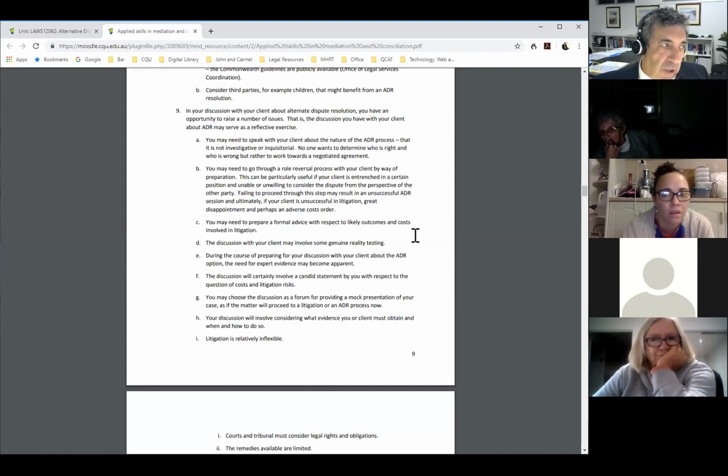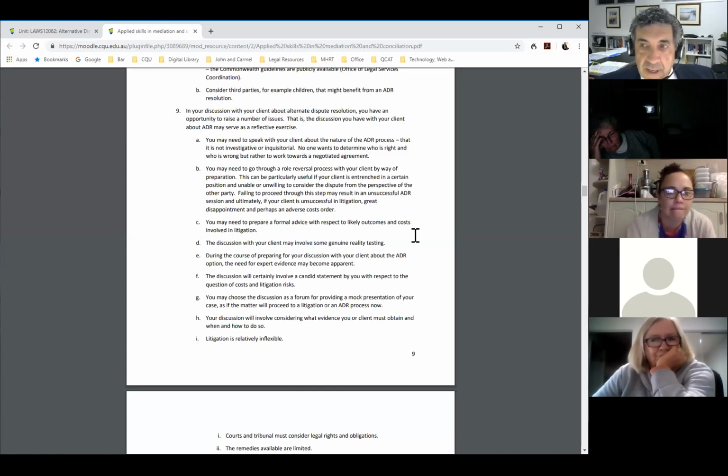One thing that could be very useful when you're providing advice to a client or preparing them for an ADR session is going through a role reversal process. So if, for example, your client is in an entrenched position or unable or unwilling to consider the dispute from the perspective of the other party, then perhaps you can, as it were, attempt to have them step into the other's shoes and get a feel for what it would be like from the other side.